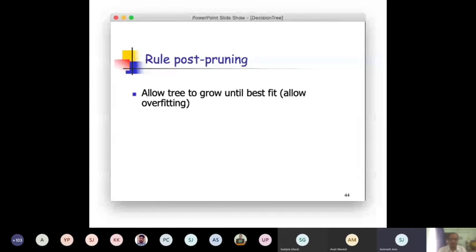You are not considering a leaf node for pruning, right? Yes. What is meant by pruning? Have you understood what is meant by pruning? Yes. What is it? Tell me.